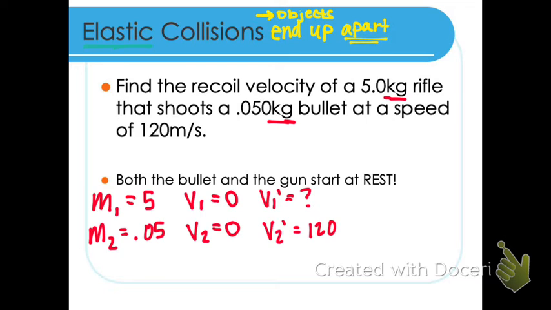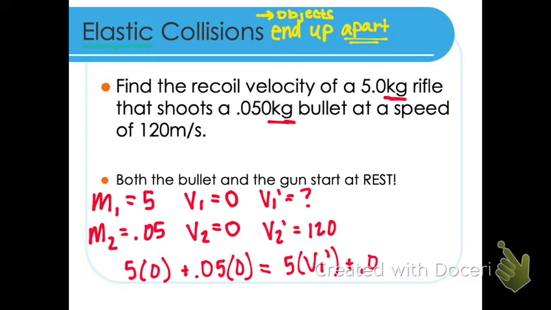We know that M1 times V1 plus M2 times V2, right? We know that whole side's going to be 0. So if you don't want to write out that whole part of the equation, that's no problem. But you can, so you thought about it. M1 times V1 prime plus M2 times V2 prime.